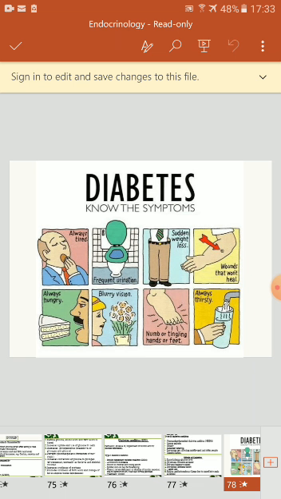So from these symptoms you can say the person may have diabetes mellitus. But from the age and other causes, you can say whether it would be type 1 or type 2.